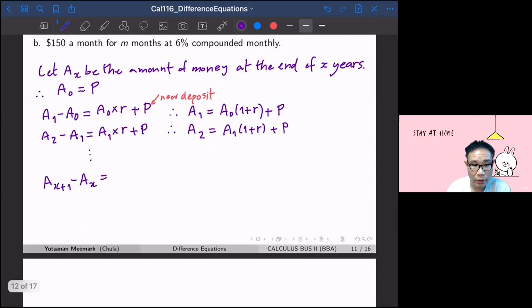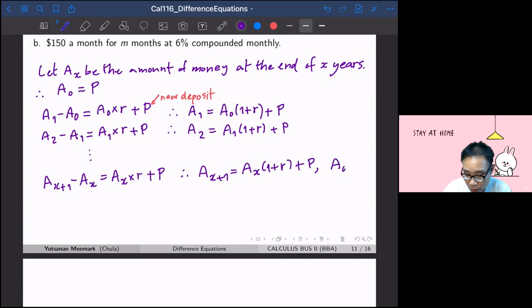So AX plus 1 minus AX will be just AX, which is the amount of money previously, multiplied with R, plus P. So you're going to get a difference equation: AX plus 1 equals AX times 1 plus R, plus P. And you have A0 equal to P in this case.